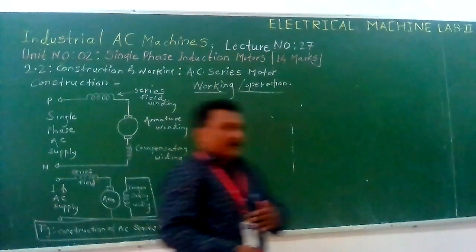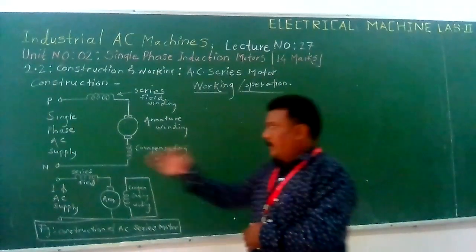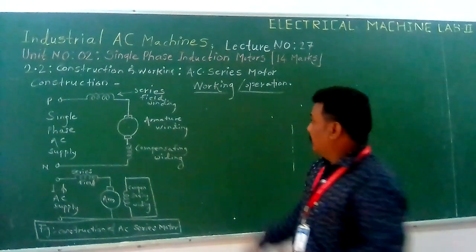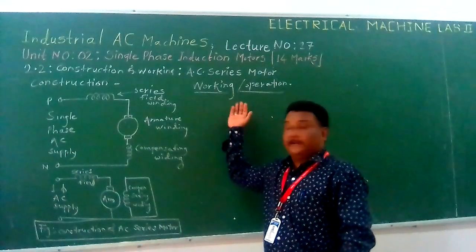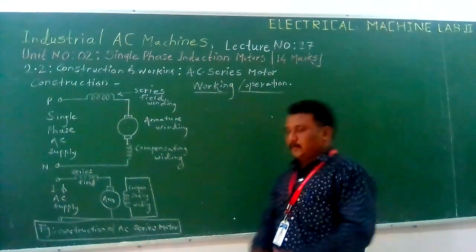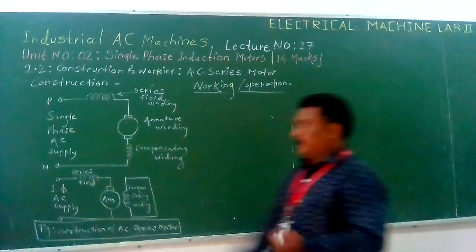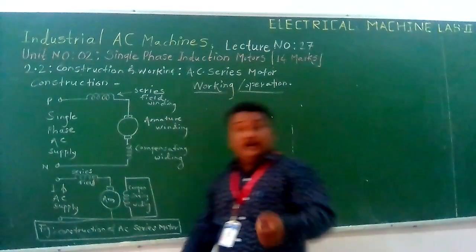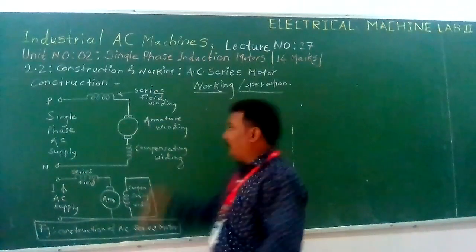Now see, we have already seen the construction of the AC series motor. Now we are seeing the working or operation of the AC series motor. Firstly we give supply, and current starts flowing in the series field winding.